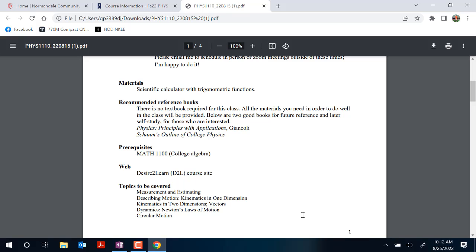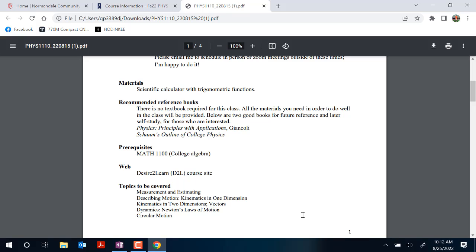I know that there are always some people taking this class who are pre-med, and there are some other professional schools, maybe pharmacy school, where you have to take standardized tests that have some physics on them.